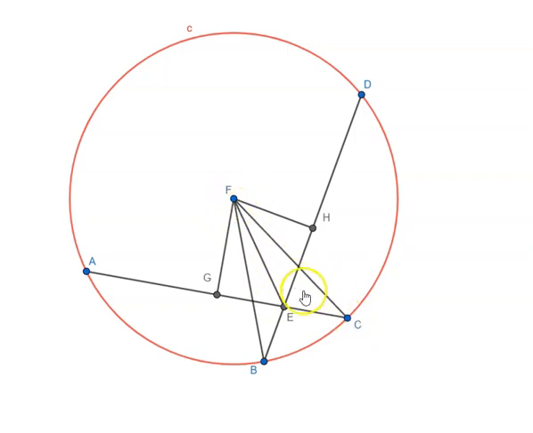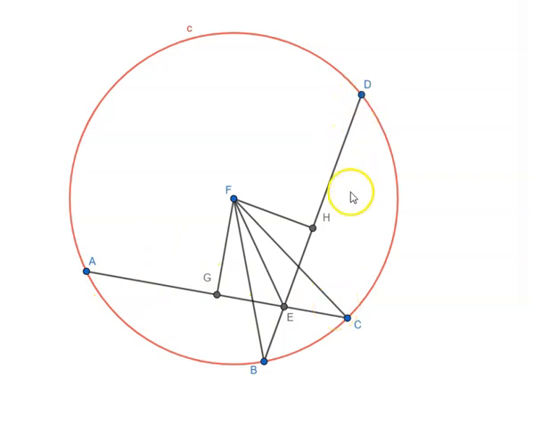But remember, FC is equal to FB because they are radii of the same circle. So that means our equality can be written as AE by EC plus FE square is equal to FB square. Okay, so what we have done till now is with respect to this line segment AC.